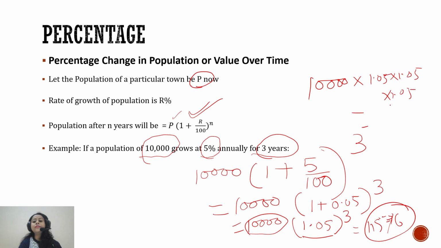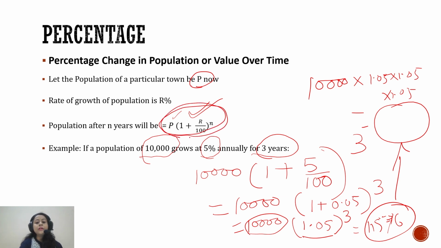And you will get the value for the overall change, what will be the increased population after 3 years. So this formula you have to remember, right? In case of population decrease, it will be the negative value here, minus sign here.